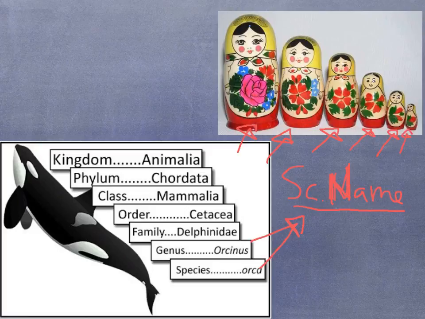Now, killer whales, this is an example that I found on the internet. You can Google it also. They belong to the kingdom Animalia. Obviously, they are not plants, they are not bacteria, they are not algae. They have been grouped in the phylum Chordata because they have a backbone, just as many other animals. And then we start going deeper into smaller categories.